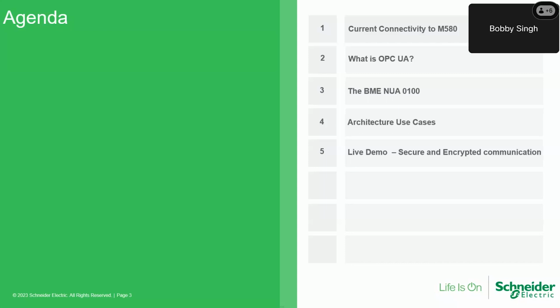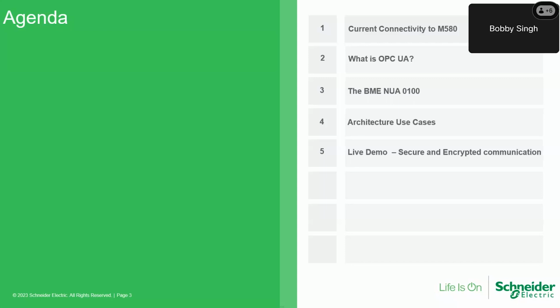First, I will go over the current connectivity to Modicon M580, which is important as it will help you understand why you might want to add the NUA module to your architecture. Before we move further to the module, Dave will go over what the OPC UA communication protocol is and some of its great benefits.